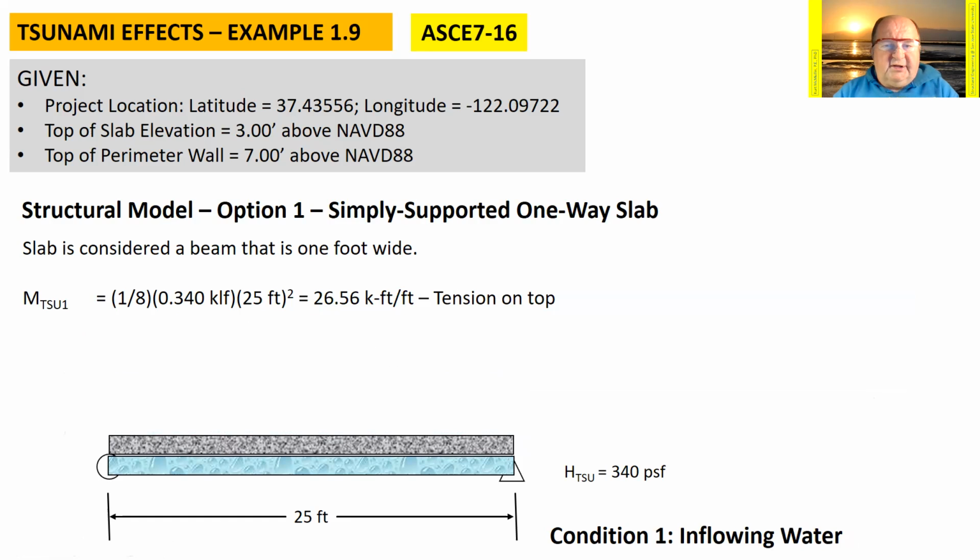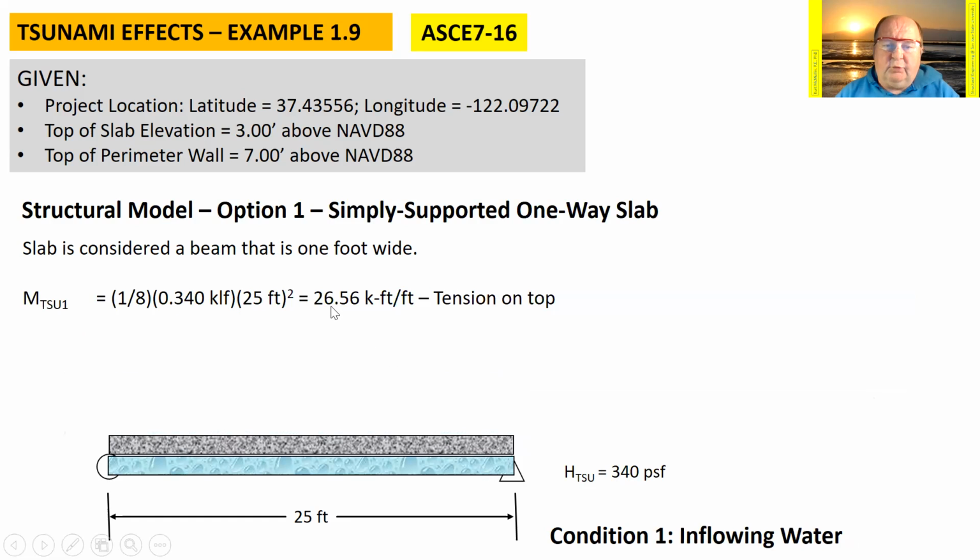I was told to consider two different structural models. The first one is the idea that this slab is a simply supported one-way slab. That tells me that in this inflowing case, there's 340 pounds per square foot below pushing upward.